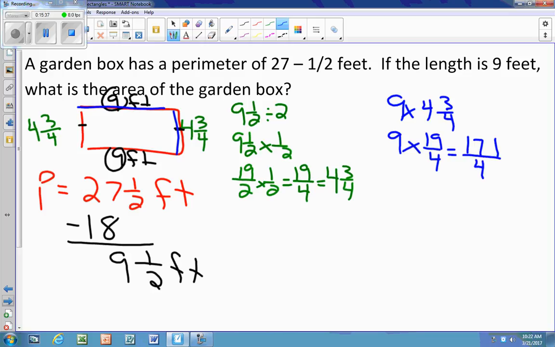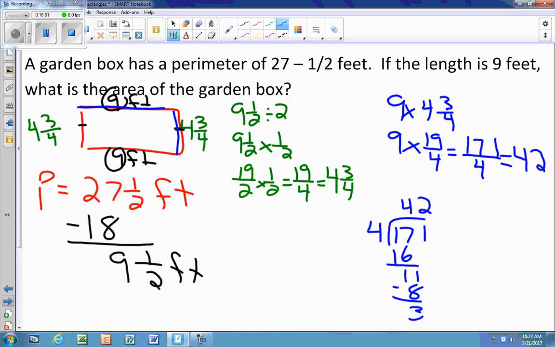We end up with 171/4, which then gives us 42 3/4 square feet. So that's, for those of you who can't read that in the corner, 42 3/4 square feet.